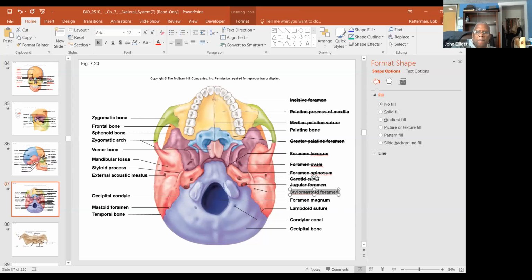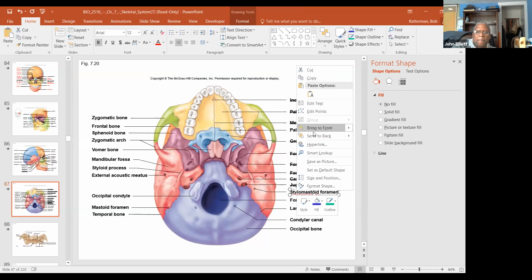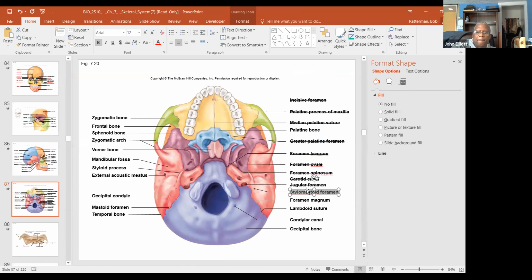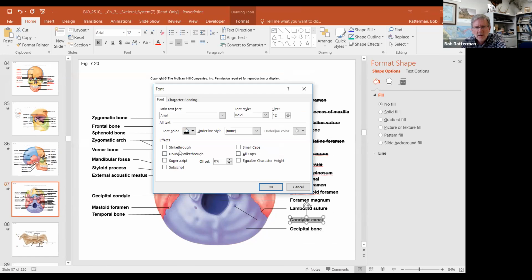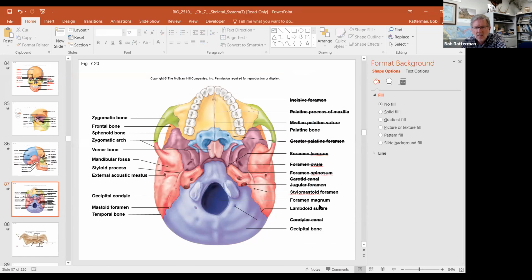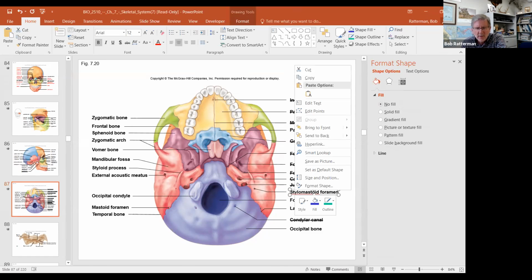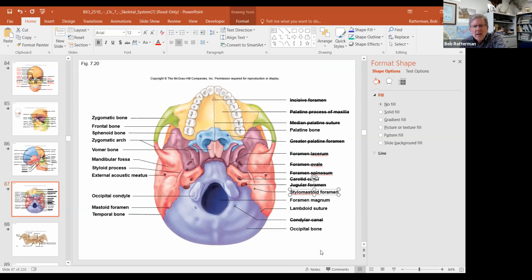Come on. Why is this doing this? I don't know, I can't get that one to cross out for some reason. Okay, we're good with that one?